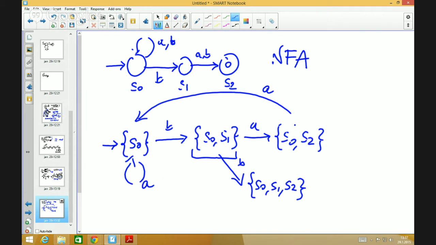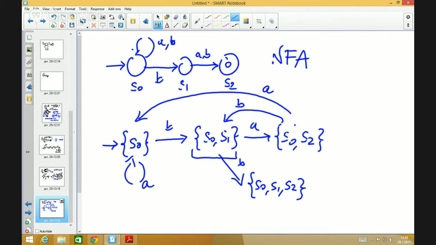If you are in {S0, S2} and you read a B, where can you go? From S0, you read the B, you can go to S0 or S1. From S2, if you read the B, can you go anywhere? No. So either you are in S0 or in S1. So we go back here.